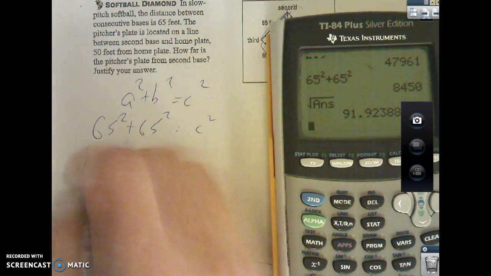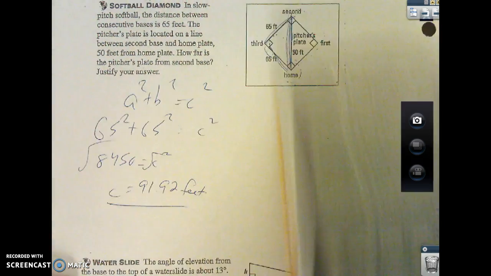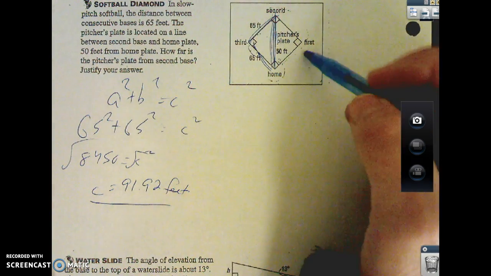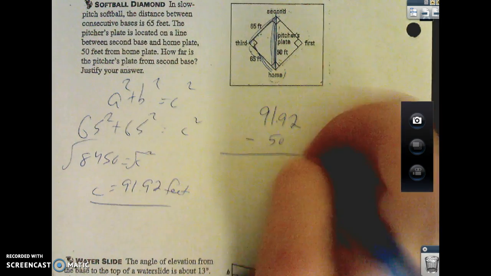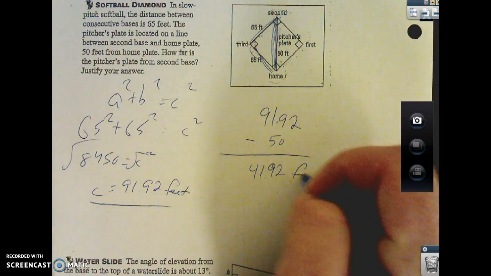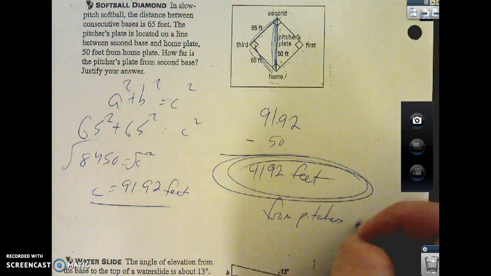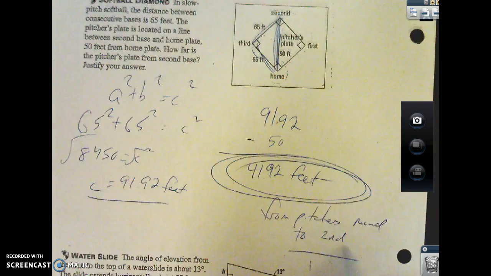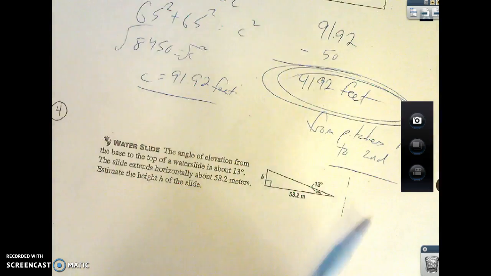So c equals 91.92 feet. Now, if the pitcher's plate is 50 feet from home, that 91.92 is the full length. We're just going to do 91.92 minus 50, which gives me 41.92 feet, which is my distance from the pitcher's plate to second. Okay? Definitely going to see this again. Hint, hint, cough, cough, nudge, nudge.